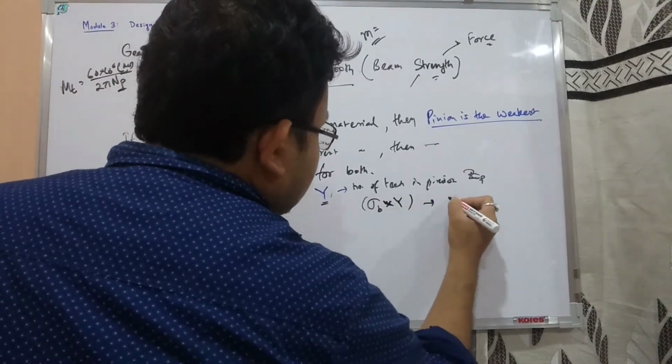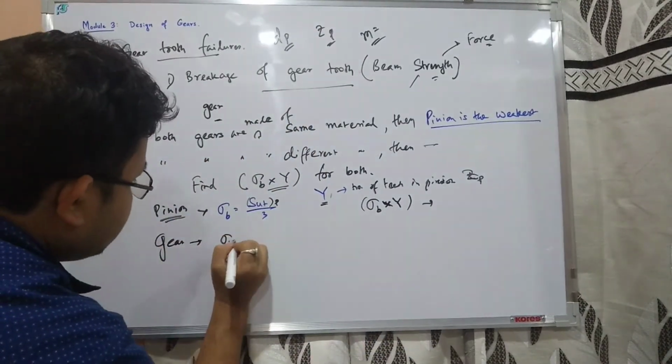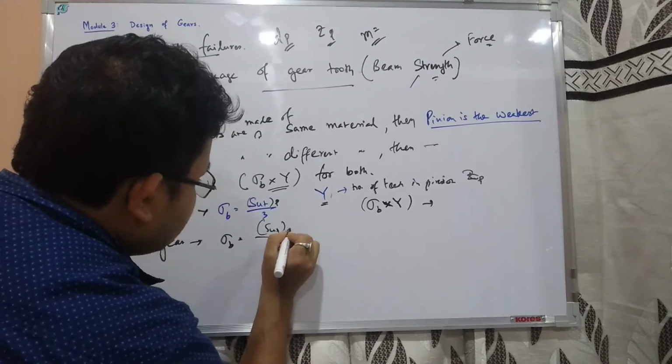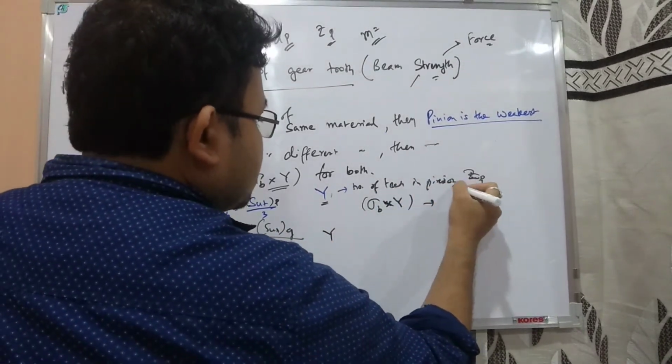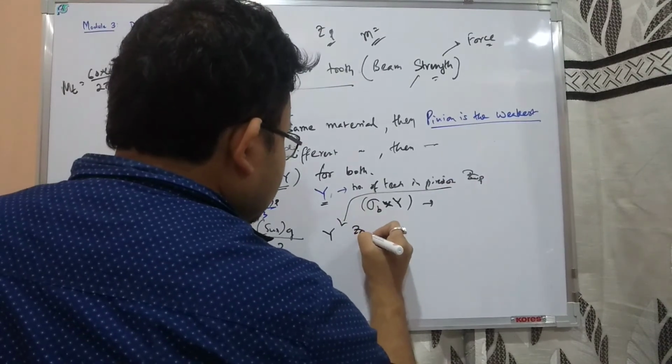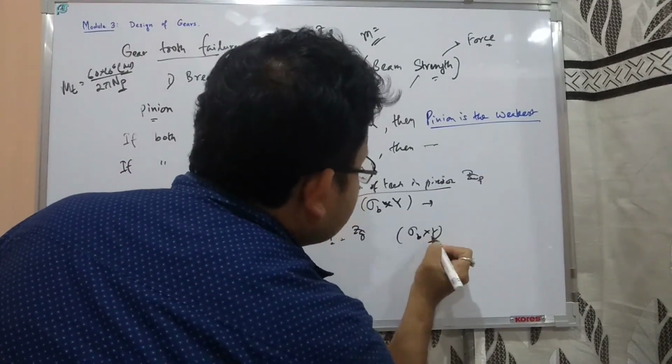Then for the gear also you calculate sigma B equal to SUT for the gear divided by 3, and Y for its number of teeth. If you know the number of teeth for the gear, then you calculate Y. Then you calculate sigma B into Y for the gear.